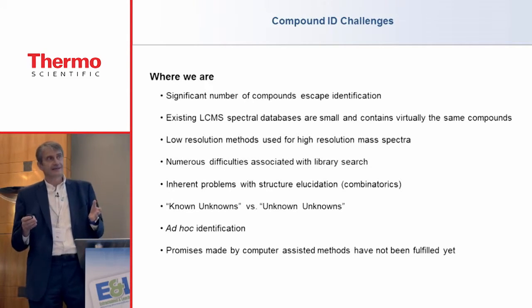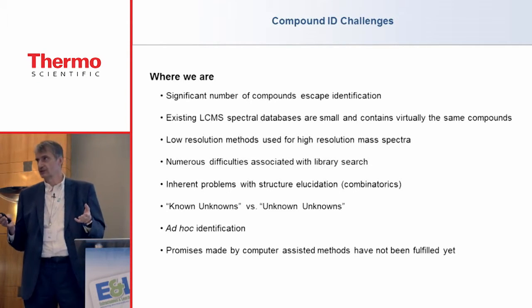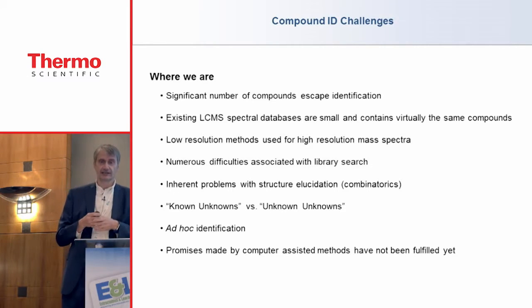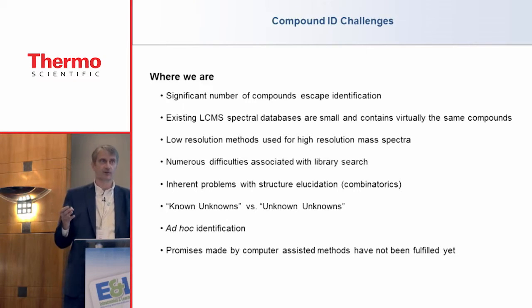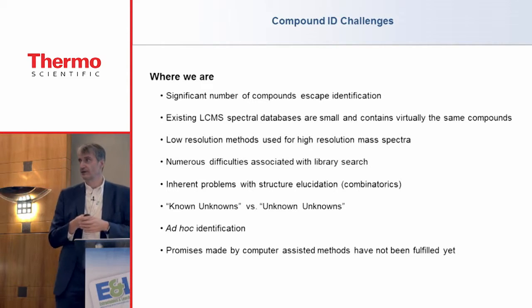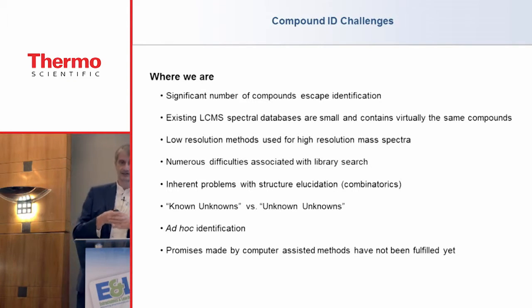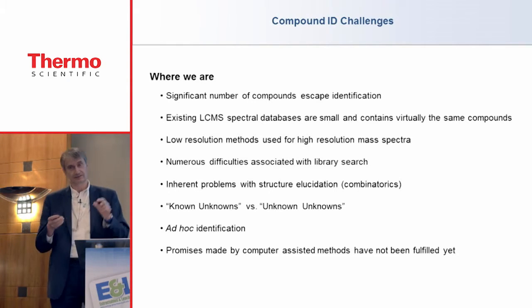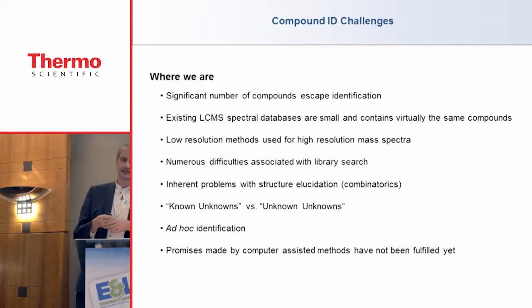For many decades, the method of choice for compound identification was a library search. It still remains a very good technique. However, we have very small LCMS databases, currently a couple of thousand compounds. If we consider how many compounds we can search on PubChem, it's many millions, and on CAS it's about 100 million. So it's a very small fraction of the compounds represented in spectral databases.